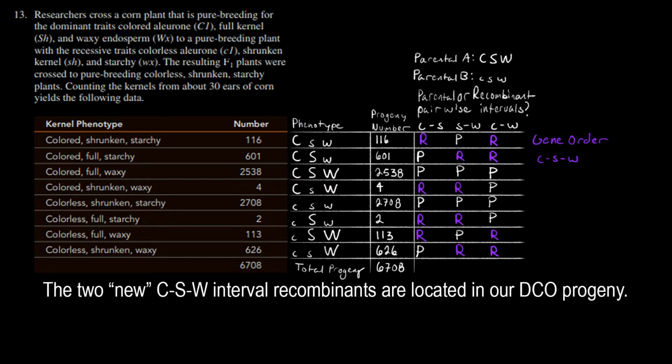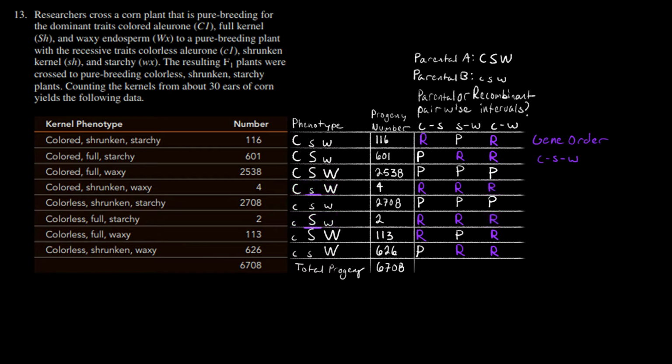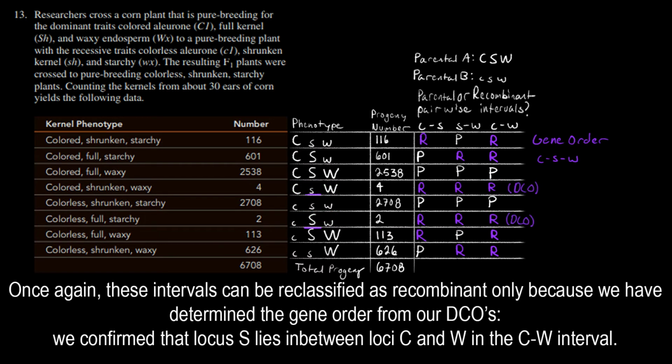The 2 new C-W interval recombinants are located in our DCO progeny. Once again, these intervals can be reclassified as recombinant only because we have determined the gene order from our double crossovers. We confirm that locus S lies in between loci C and W in the C-W interval.